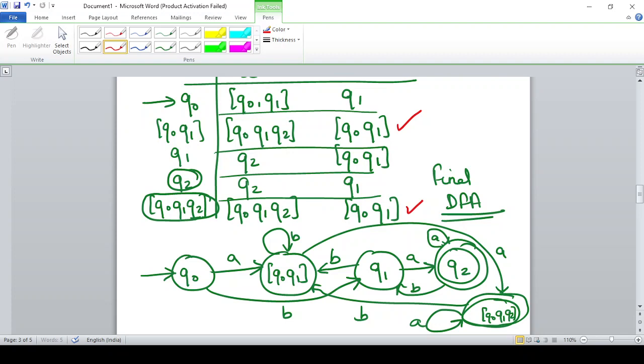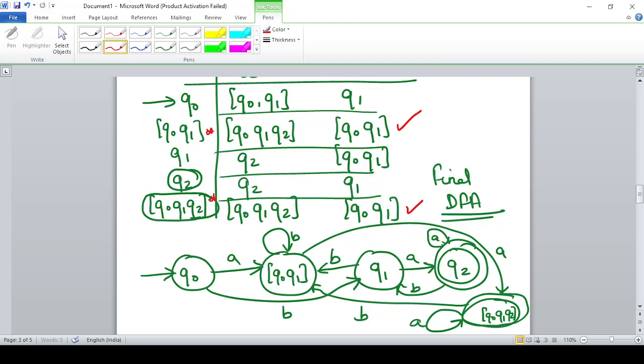Similar is with the state Q0 Q1 Q2. Now you can minimize this automata by removing states which are duplicate, but for that you have to see these two rows are same, see the states corresponding to them. One state is this, another state is this one.